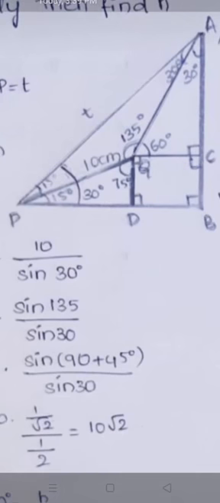So here we got 75, here we have 90 degrees, and here we have 60 degrees. So the angle must be 360 degrees minus the sum of 75 degrees plus 90 degrees plus 60 degrees. So the angle must be 135 degrees here.